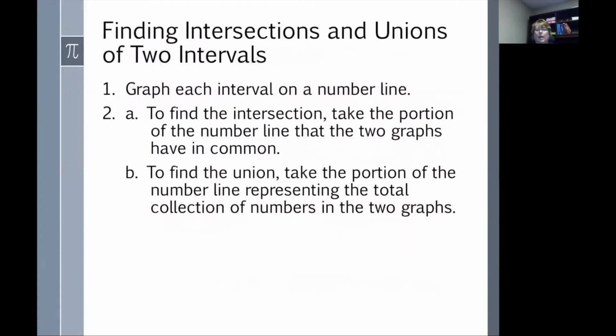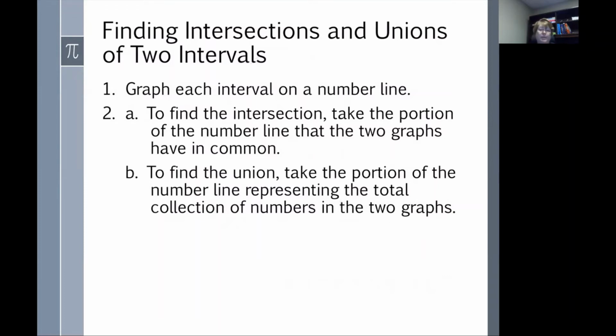All right, let's talk about intersections and unions. Graph to find the intersection or union of two sets given to you in interval notation. You first graph each interval on the number line.